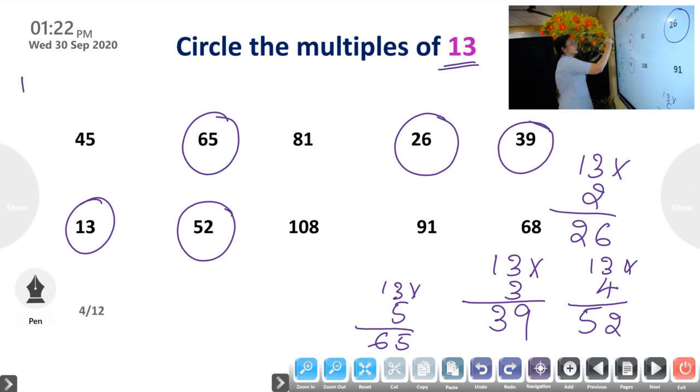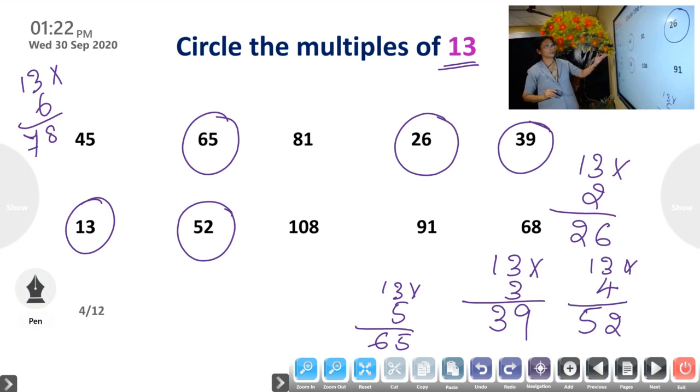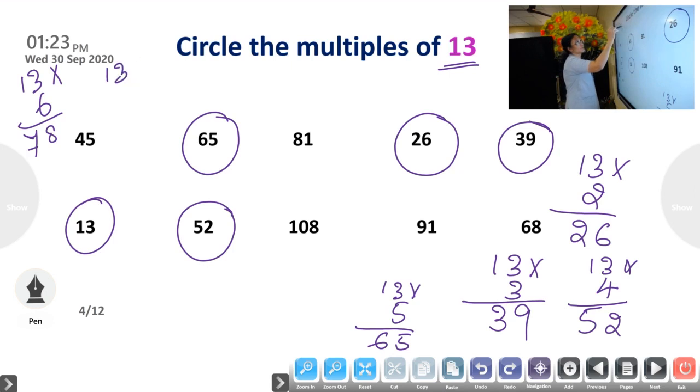Okay, now what is 13 into 6? It is 78. But you can see that 78 is not here. We are having only 68. So that sixth multiple is not here. Then let us check with 13 into 7.